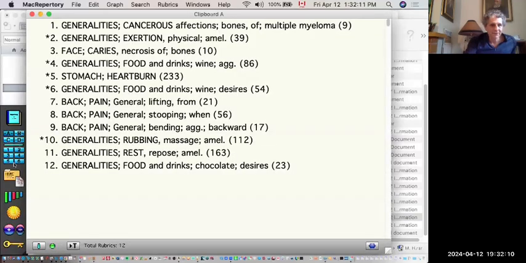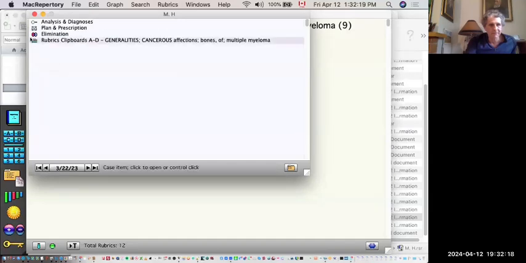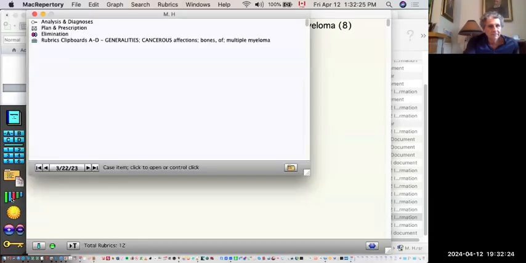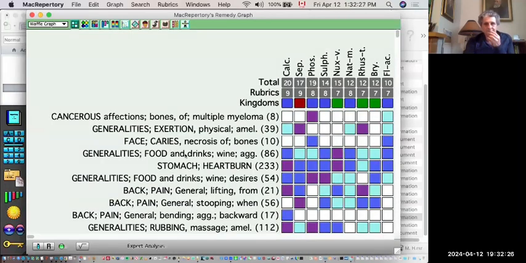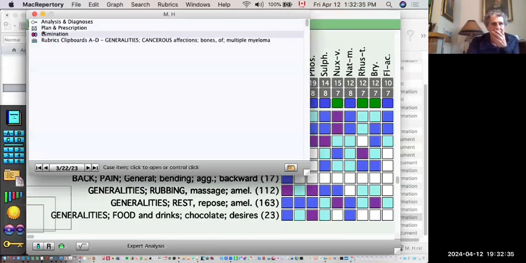March 22nd. Let's do it. Okay. So this is our patient with myeloma. And the elimination, we'll look at the elimination.